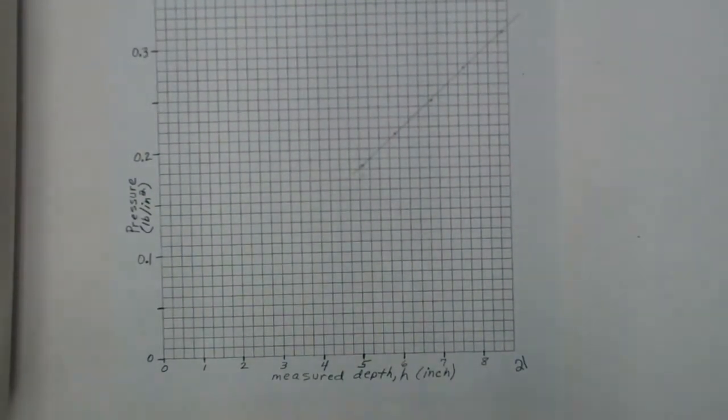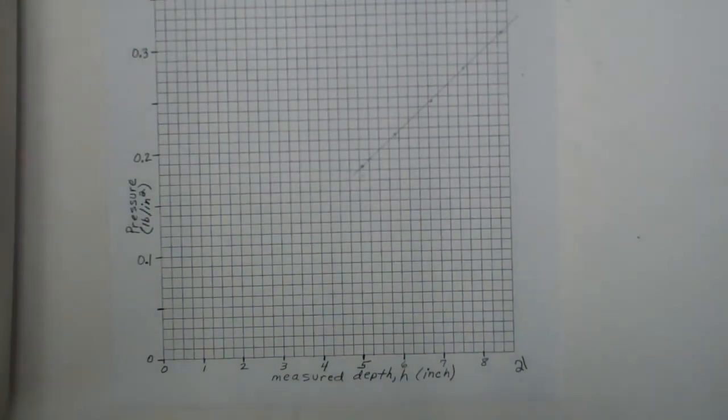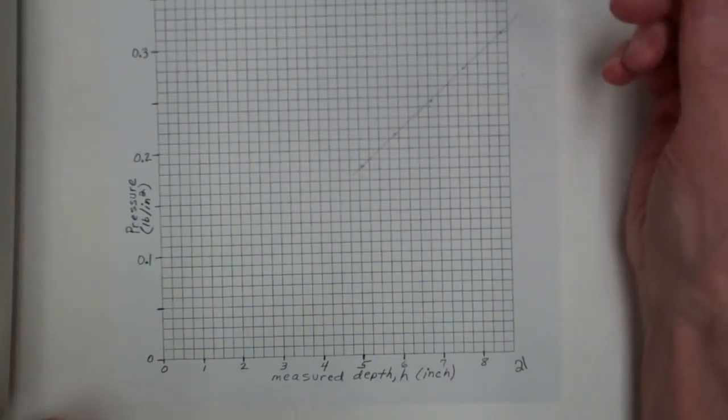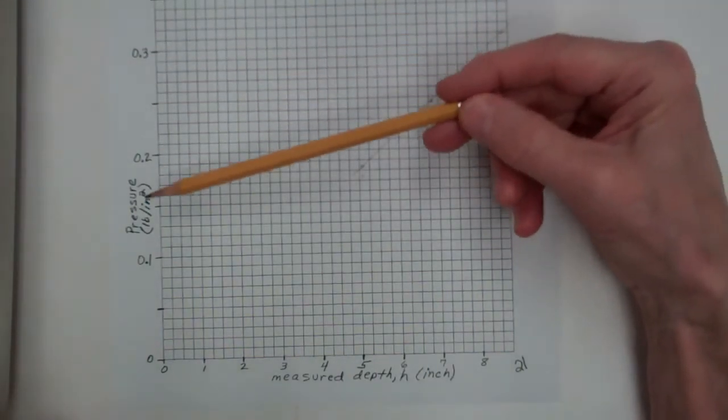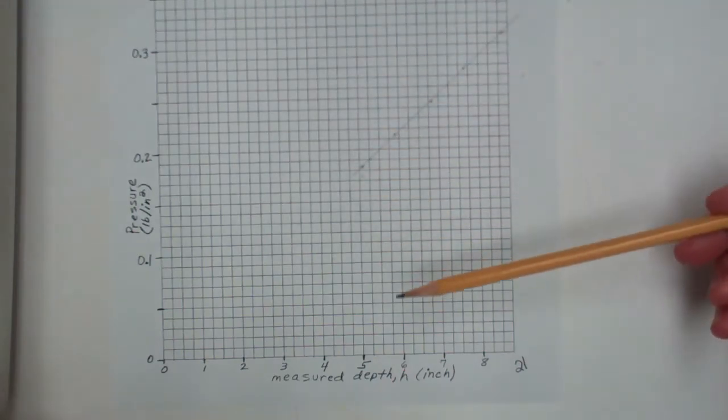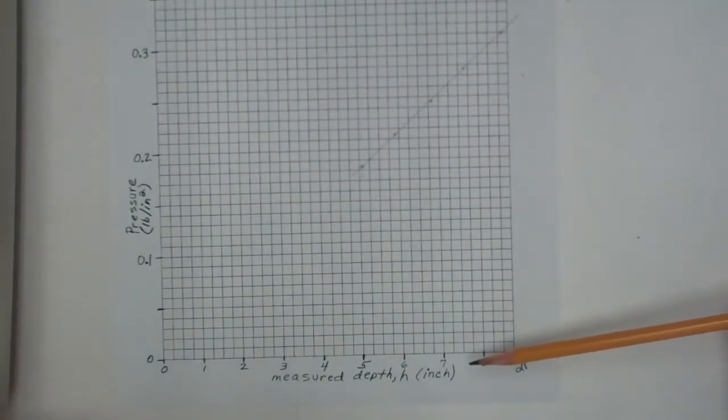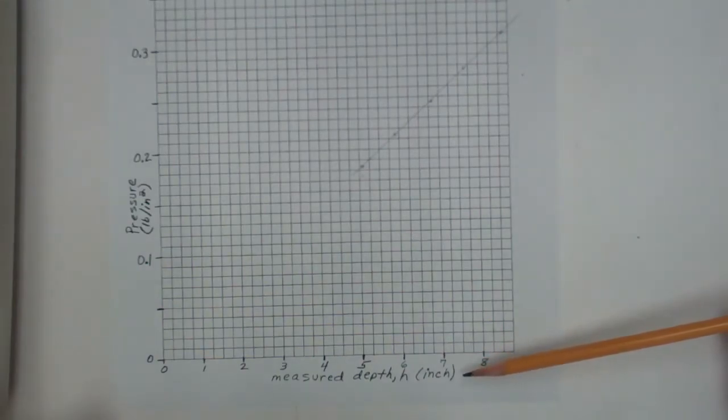Okay, so now we're going to return to the graphing portion. Hopefully you can see that okay. So we have a graph now. Vertical axis, pressure in pounds per square inch. Horizontal axis, the measured depth, h, in inches, taken off our worksheet.